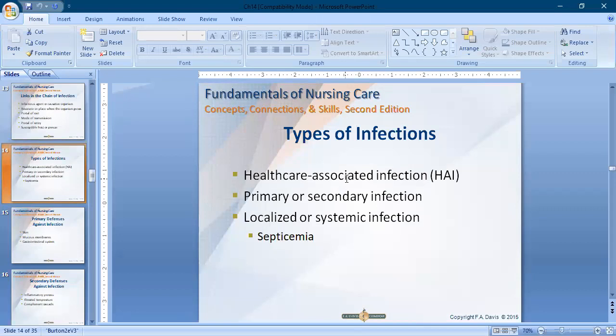Hospital acquired infection. And also primary or secondary infection or localized or systemic infection.